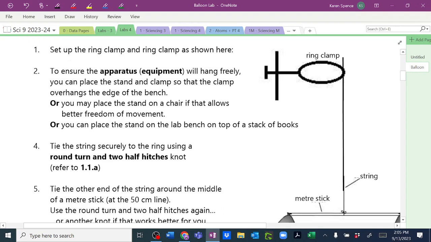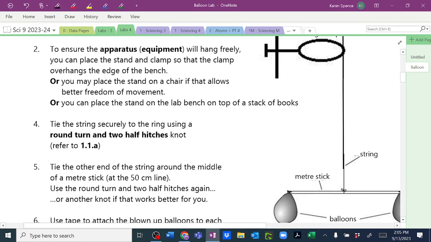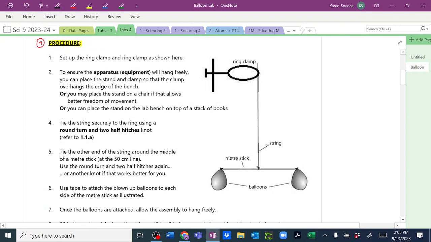Now, in the lab, it looks like the string is really long. Yes, the picture I drew makes it look like the string is really long. You actually don't want your string to be really long, because I don't know if you know a lot about balloons, but balloons tend to be affected by static electricity.